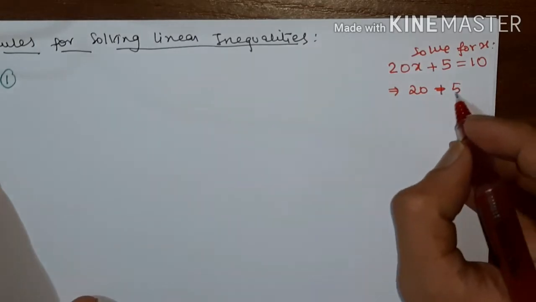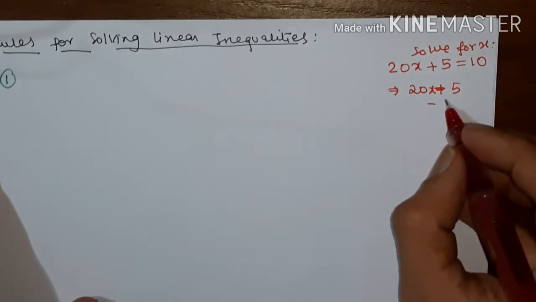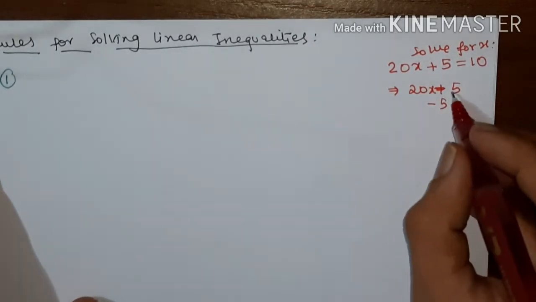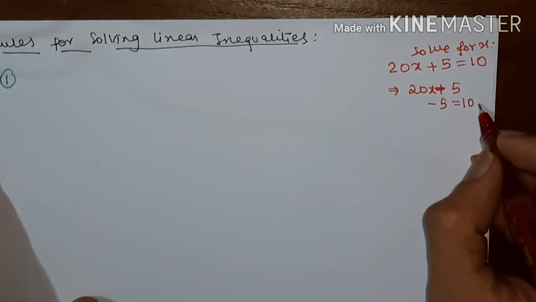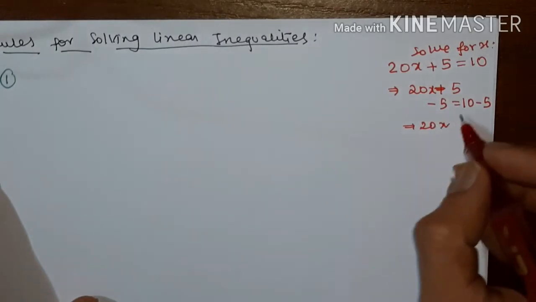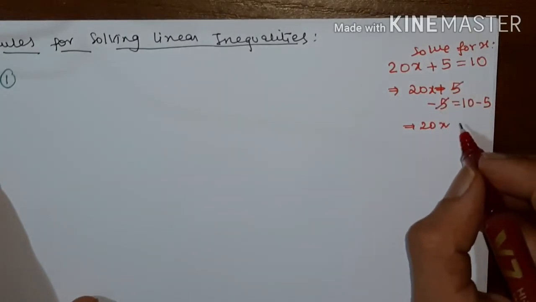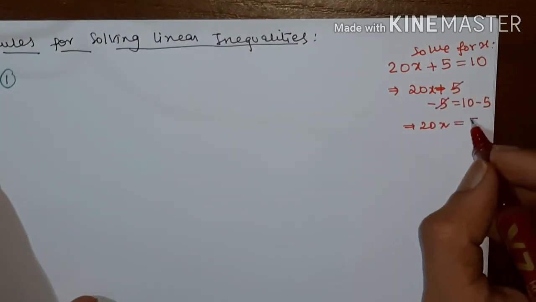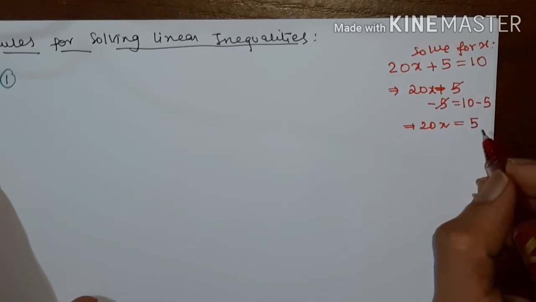So you get 20x plus 5 minus 5 equals 10 minus 5. That is 20x, and the 5 and minus 5 will get cancelled, and you will get equal to 10 minus 5, which is 5.